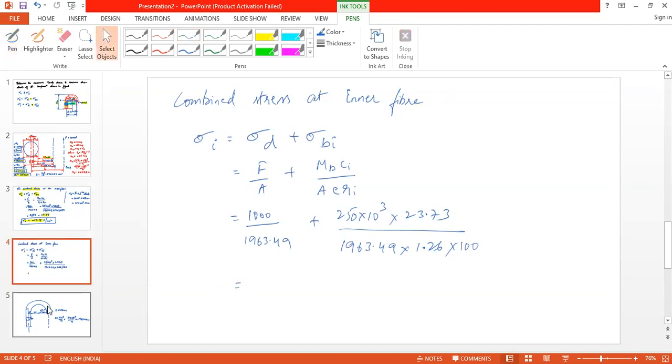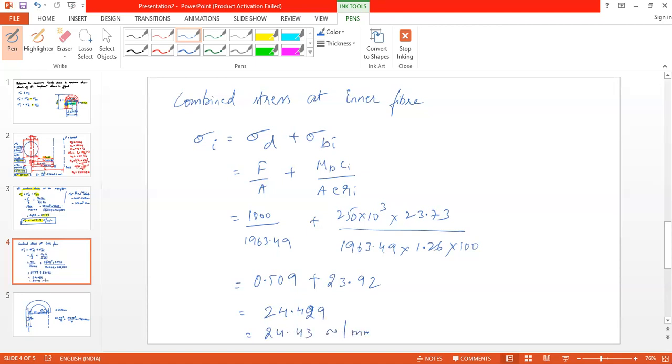So the answer is 23.92 plus 0.509. It is 24.429 or 24.43 Newton per mm square.